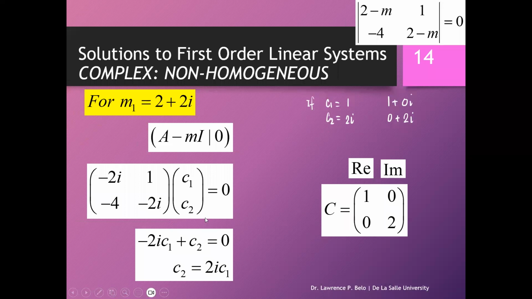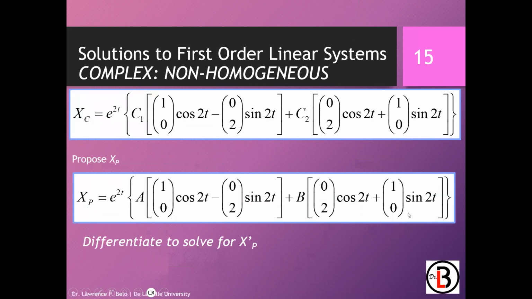And then what happens, guys, is from here, you give me the elements of C. So 1 plus 0i is 1 ang real part, imaginary is 0. Ang real part sa bottom is 0, imaginary is 2. Di ba the coefficients of the imaginary? You don't need to write the i anymore.